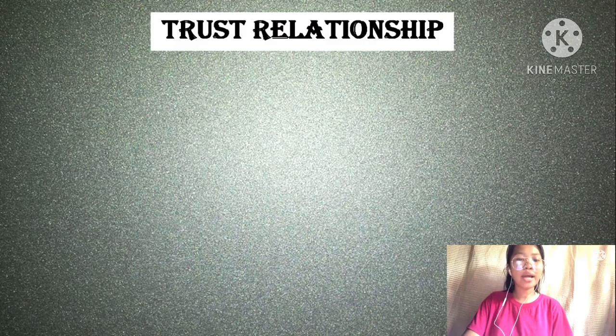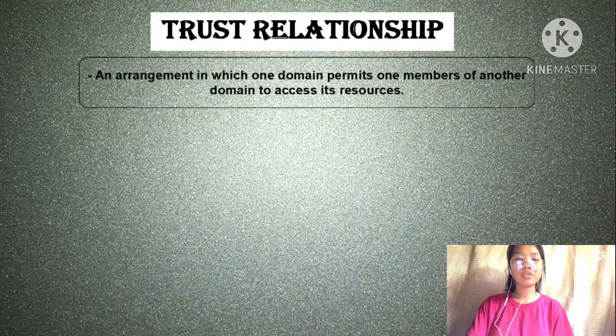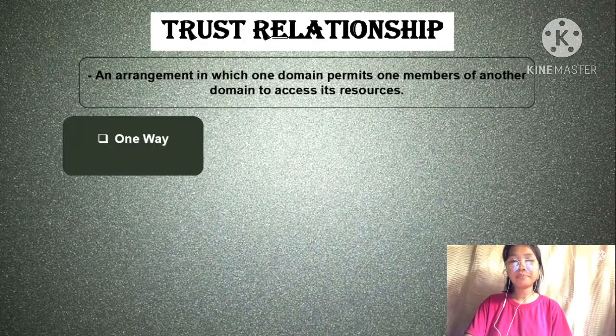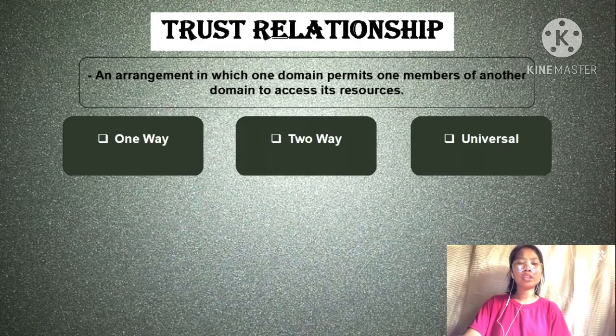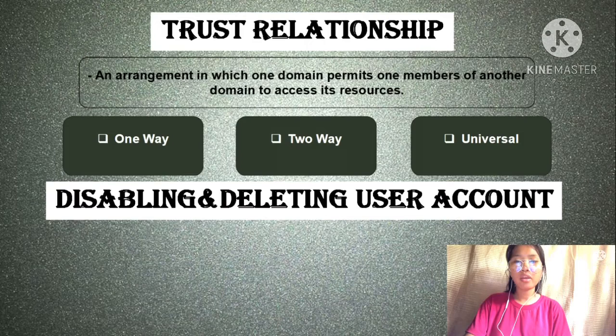Lastly, local groups are used to assign rights and permissions to users that are members of global groups. In Windows domains also, trust relationships manage cross-domain communications. In Microsoft domain terminology, there are three types of trust: the one-way, the two-way, and the universal.